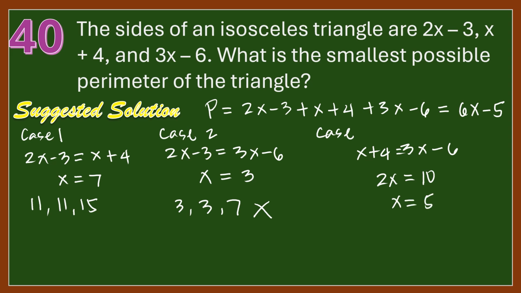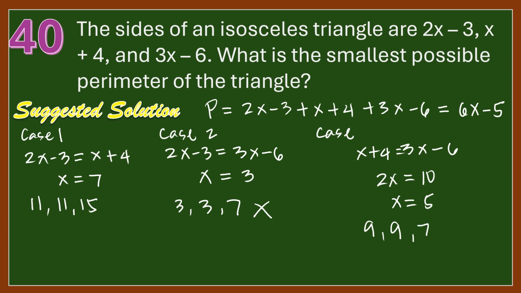If x is equal to 5, the sides of the triangle will be 9 for x plus 4, that's 5 plus 4, 9 also for 3x minus 6, that's 3 times 5, 15 minus 6, 9. And then for the side length 2x minus 3, that will be 2 times 5, 10 minus 3, 7.